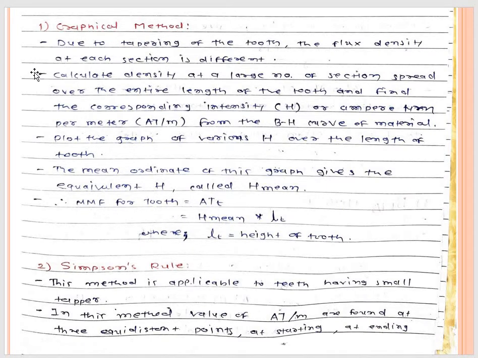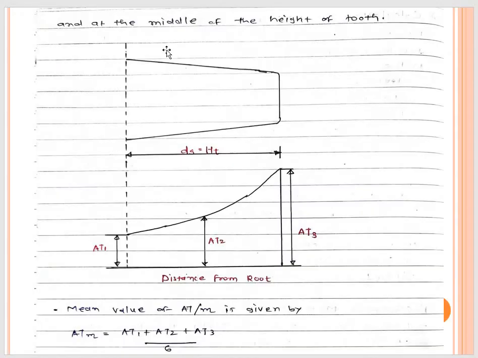First method, graphical method. Due to tapering of the tooth, the flux density at each section is different, because the area is changing with the length.